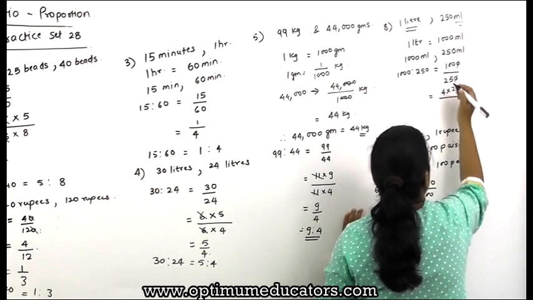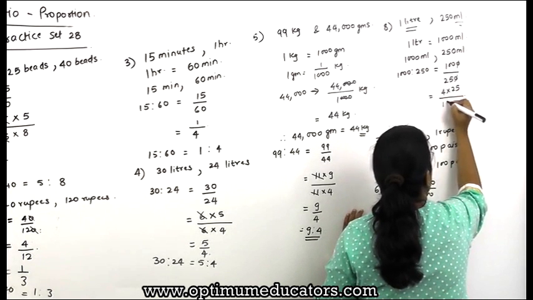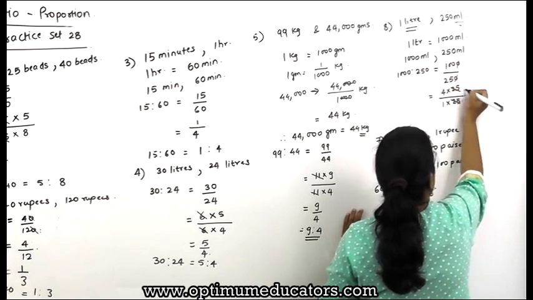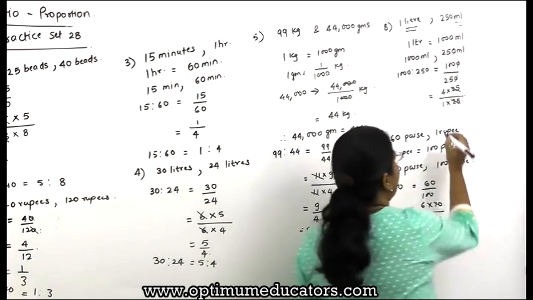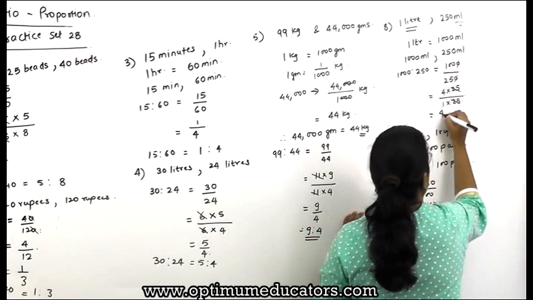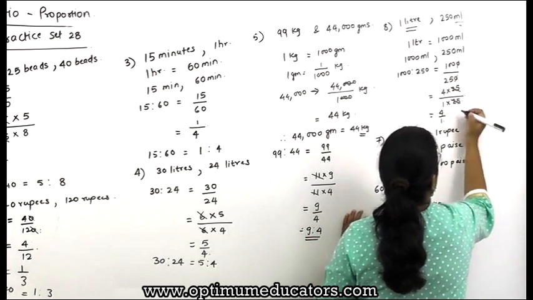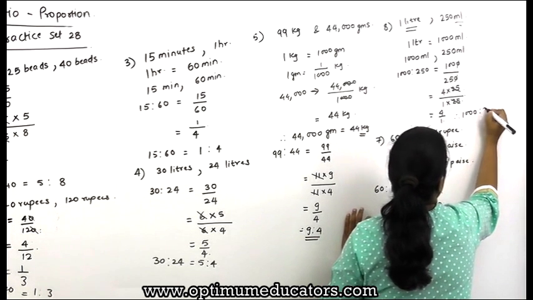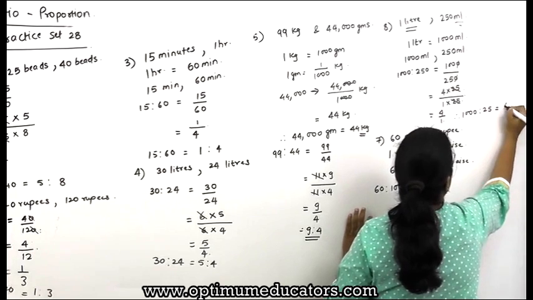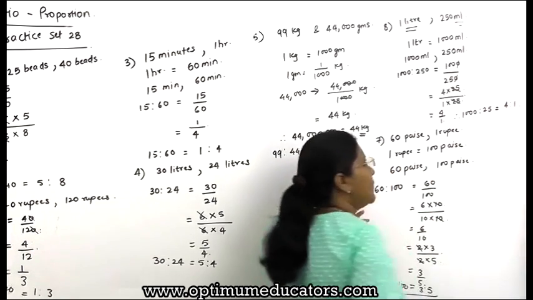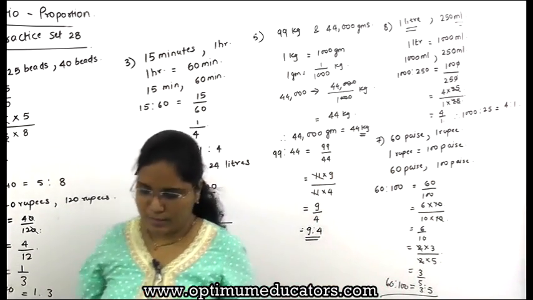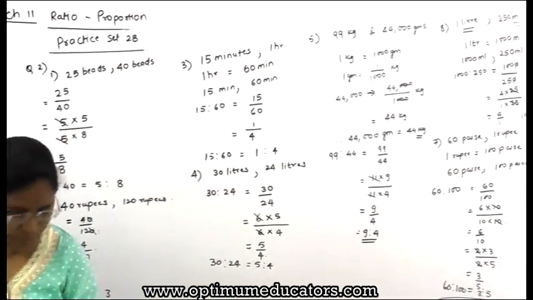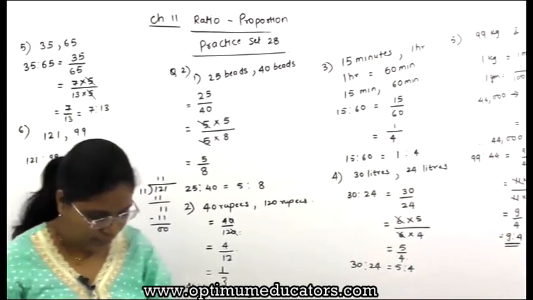And what is 25? 25 is 1 into 25. So this common factor 25 goes off. What remains is 4 upon 1. So therefore 1000 is to 250 is equal to 4 is to 1. This is our answer. Right. Let us go for the next, that is the 8th one.